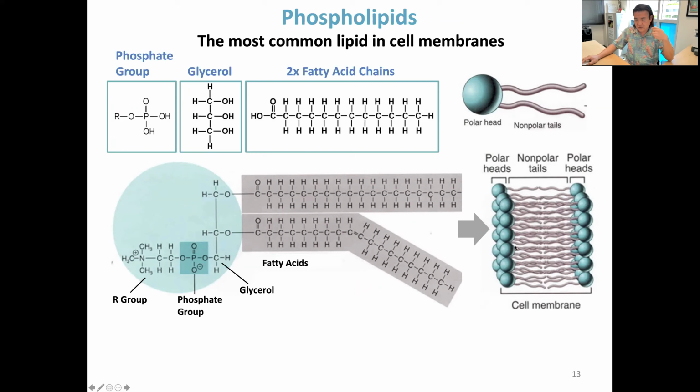And so remember that that gives these phospholipids an amphipathic property of having one side, the polar side, that plays very happily with water molecules, and the nonpolar hydrophobic tails that end up getting pushed by water molecules away, right? And so just by its very nature, if you have a whole bunch of phospholipids like this, their tails will all end up getting pushed together as the water on the outside continuously works to shove them around.